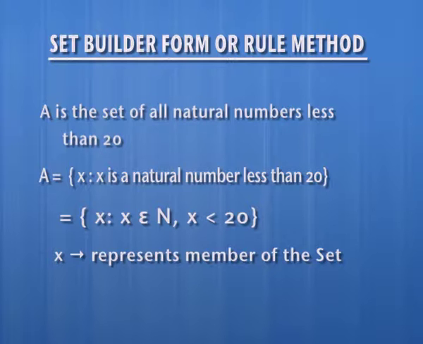The same can be written as set of all x such that x belongs to the set of natural numbers and x is less than 20. We have used symbols here to write down the set. This method of representing the set is set builder form.